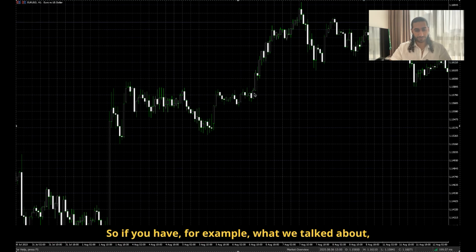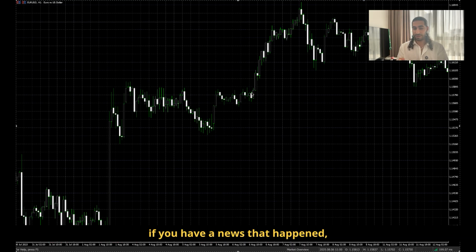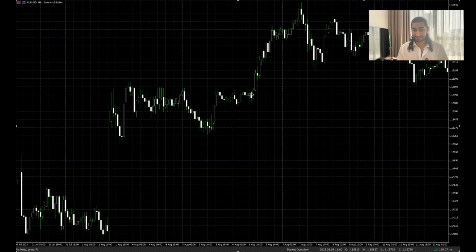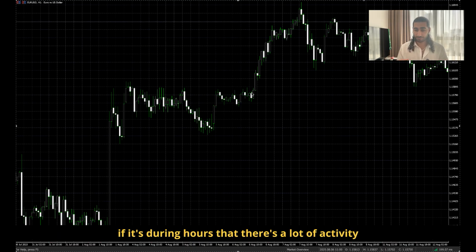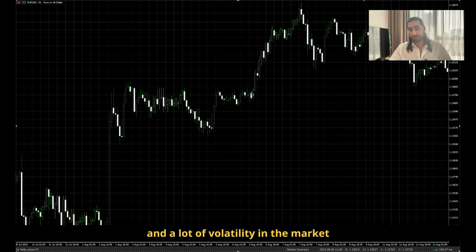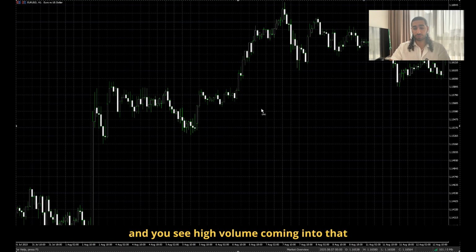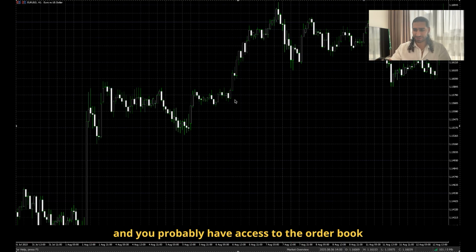So if you have, for example, what we talked about, news that happened, new information in the market, if it's around the opening, if it's around the news, if it's a highly traded asset, if it's during hours that there's a lot of activity and volatility in the market, and you see high volume coming into that, and you probably have access to the order book.